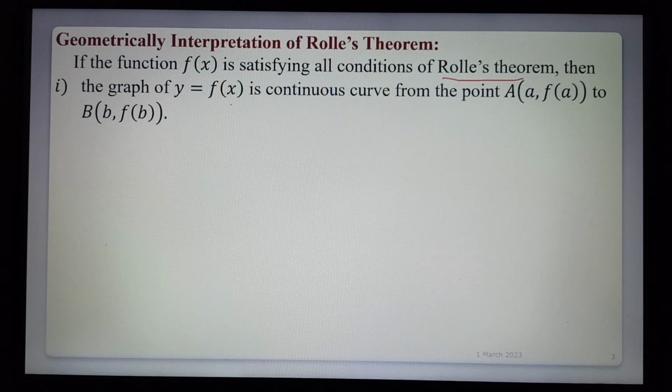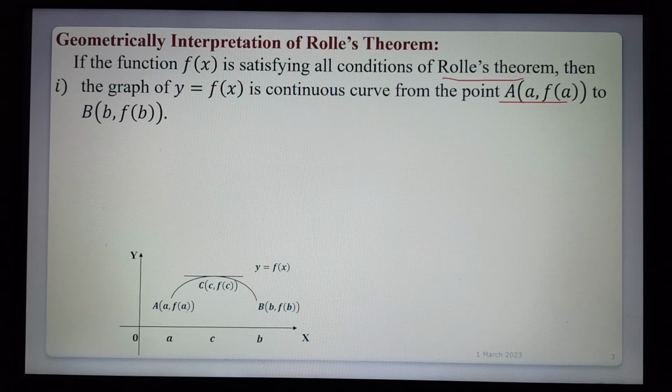First condition: the function is continuous, which means the curve y = f(x) is continuously drawn from the point A (a, f(a)) to B (b, f(b)). This is a continuous curve from a to b.